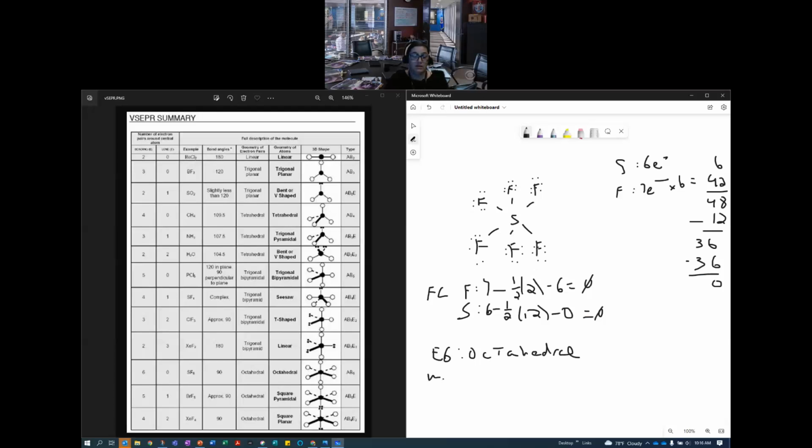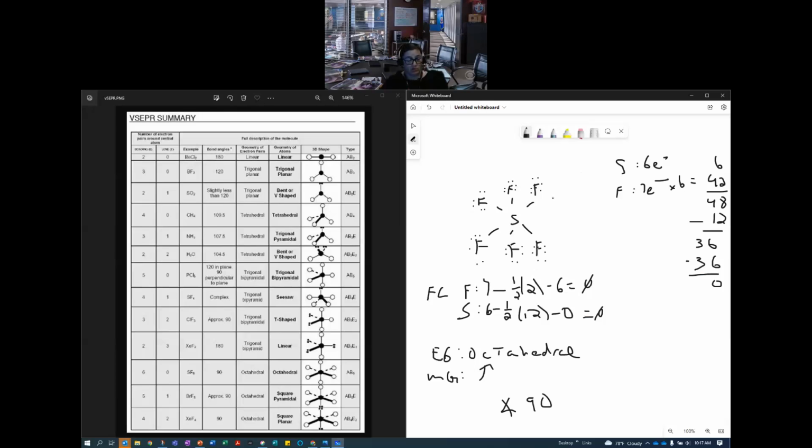My molecular geometry, since I have no lone pairs, is exactly the same. All right, so that's the structure that we're looking at. We have 4 in the plane, 1 above and 1 below. That's our structure, AB6. Our bond angles, just in case anybody asks, are 90 degrees. Woohoo! Awesome possum. So that's our SF6.